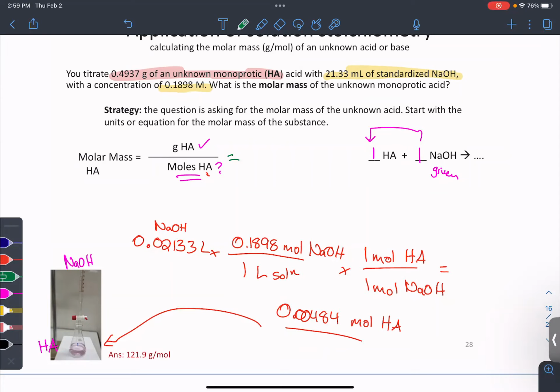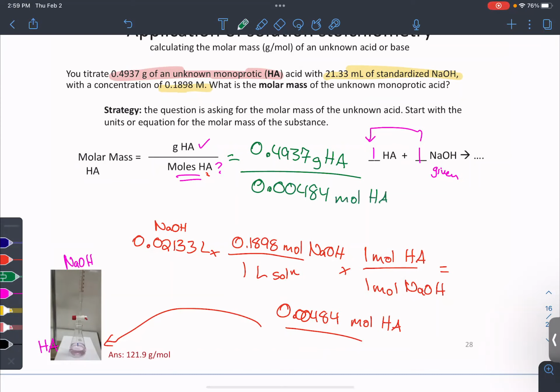So I need to go one step further here. 0.4937 grams of HA, that's what's given, over what we just calculated, 0.00484 moles of HA, equals the answer down there, 121 grams per mole.